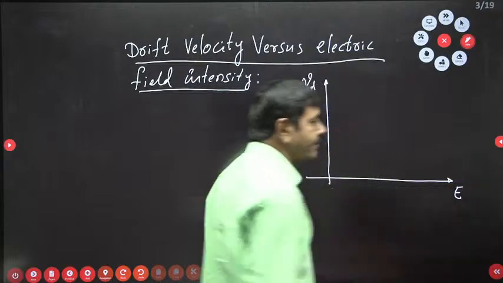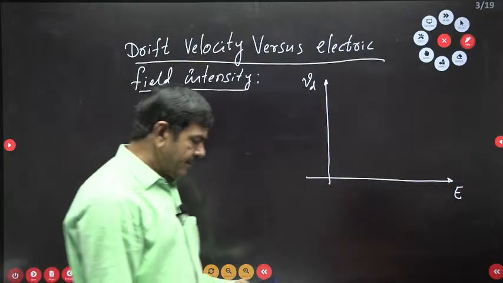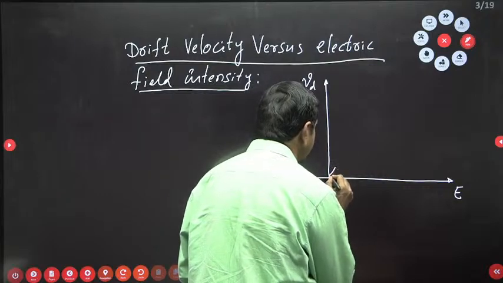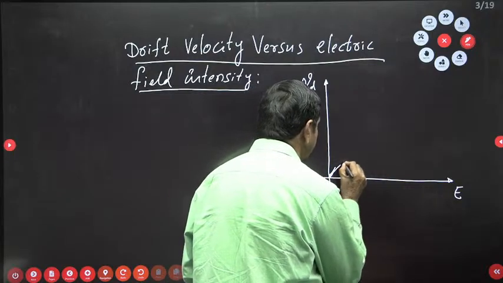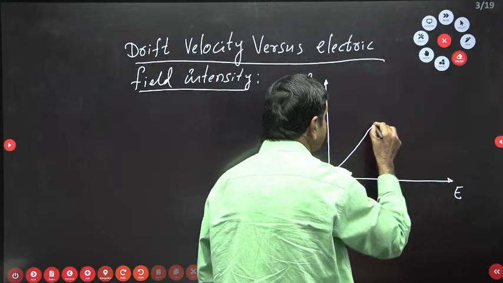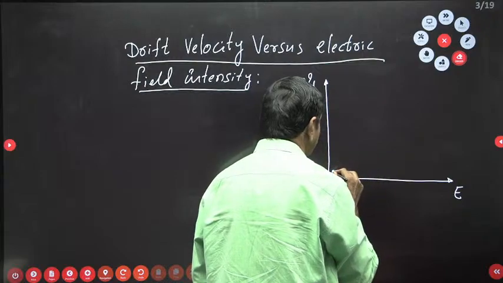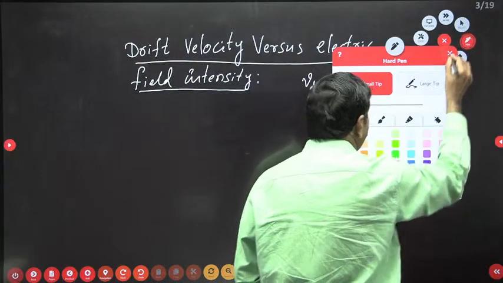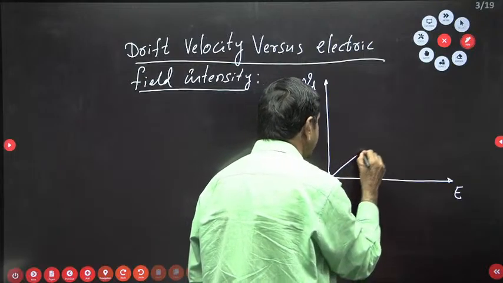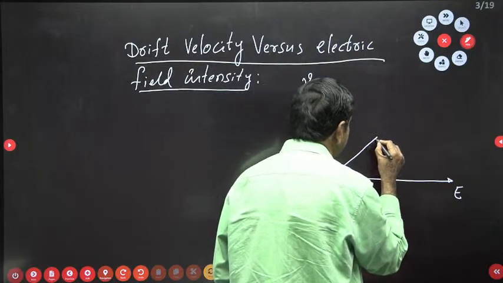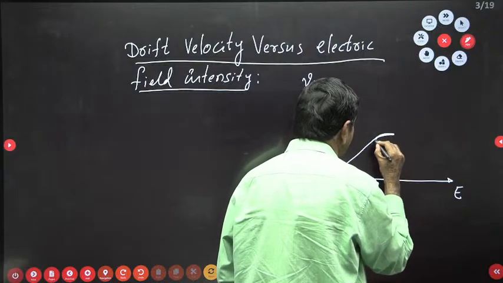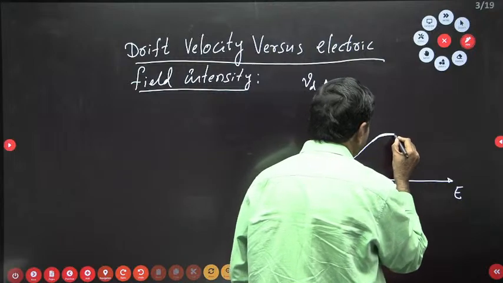The shape of this curve will be like this. It goes linearly initially. Clearly I will draw, just wait. It goes linearly, then after it goes straight.